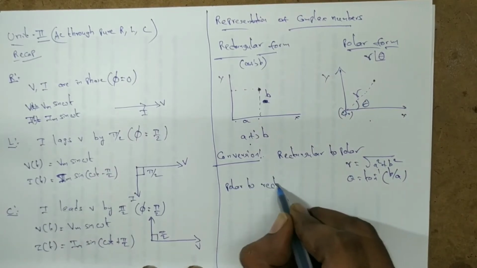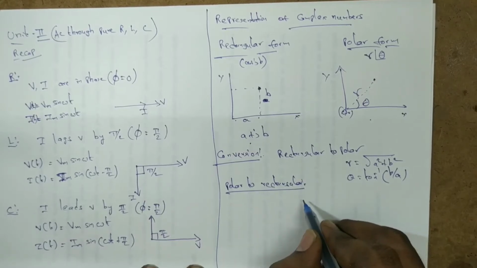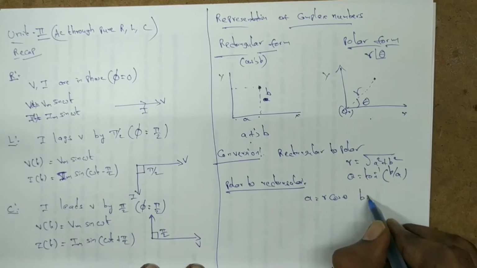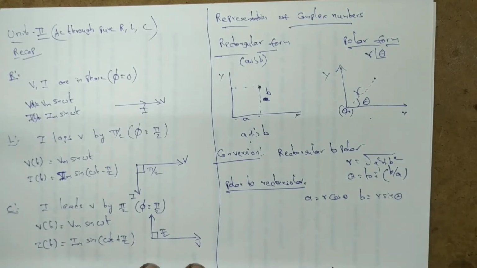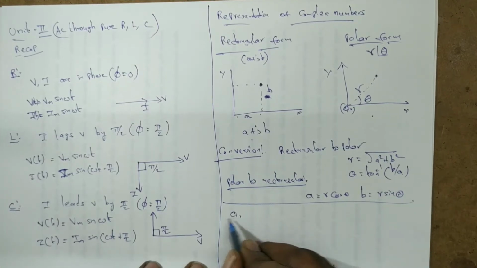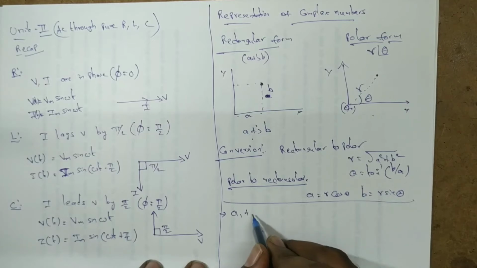That means given a plus jb, r and theta should be found using these formulas. Similarly, in reverse, polar to rectangular, the a value will be r cos theta and the b value will be r sin theta.